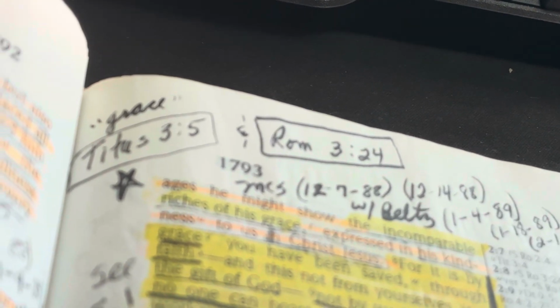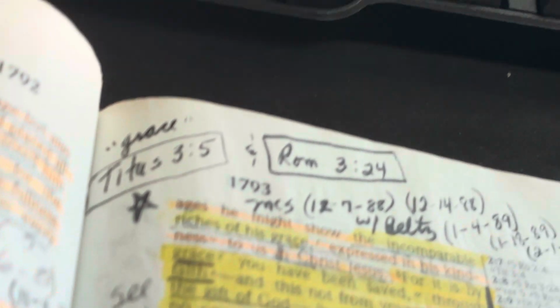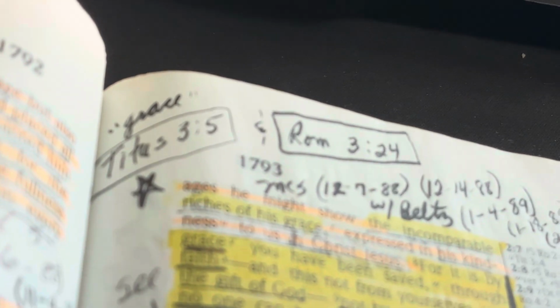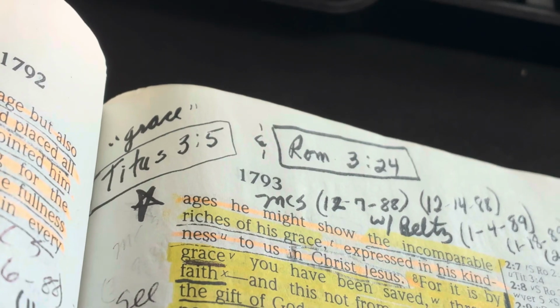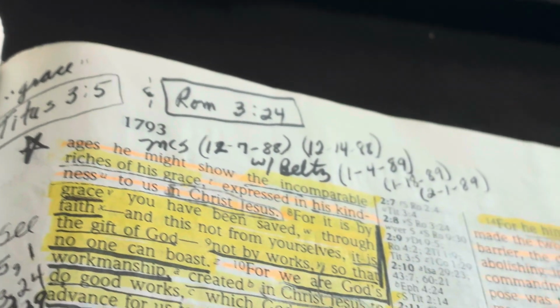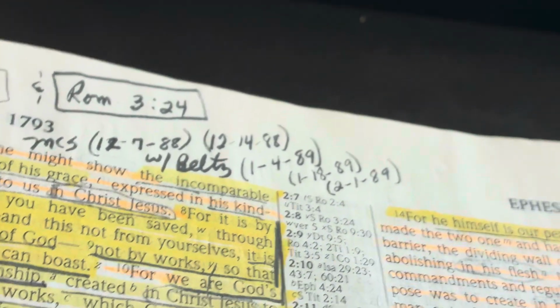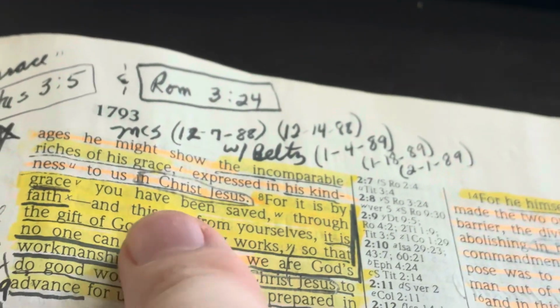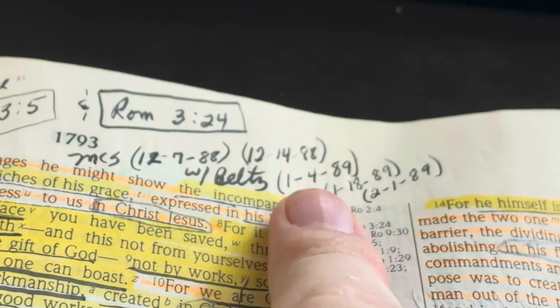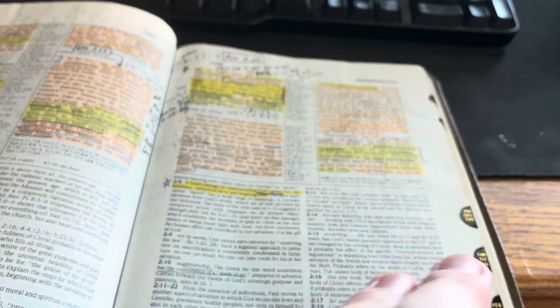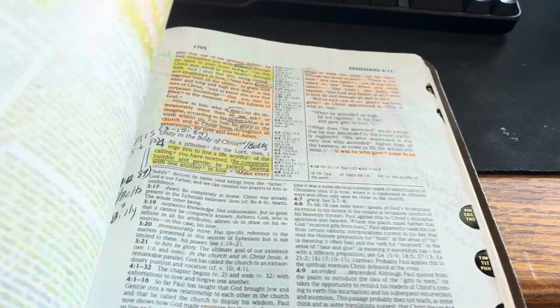Like, I don't know what that says out there. Jesus, maybe? And Titus 3:5. Not really sure what that says up there, but got some more dates from like 1988, 1989. You can tell that this Bible has been used a lot, and it's been loved well too.